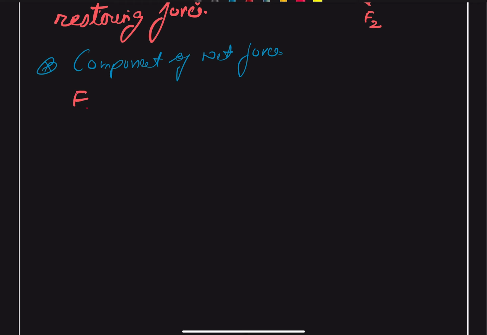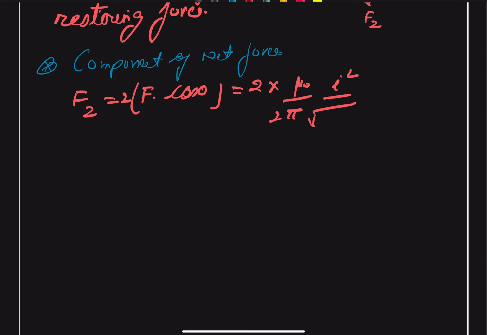So Fz will be equal to F cos theta. Since there are two forces, this will be twice. We can substitute the value of F. So this becomes 2 times mu naught upon 2 pi I square upon square root of d square plus z square. Cos theta will be z upon square root of d square plus z square.